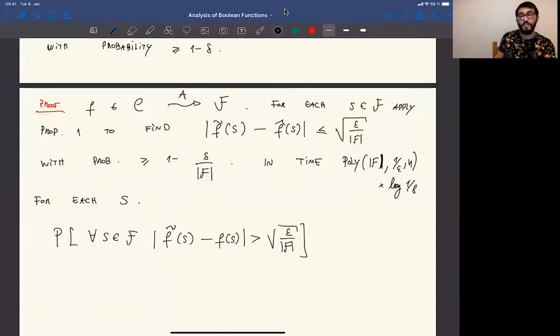By the union bound, that's less than the sum of the probabilities, but each one is less or equal than delta divided by the cardinality.